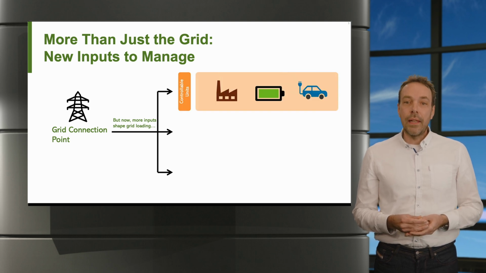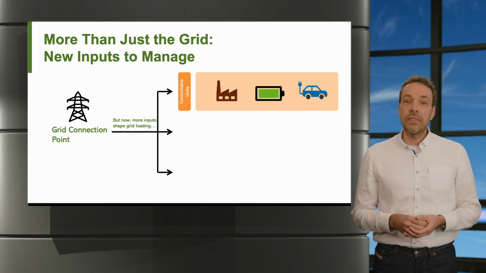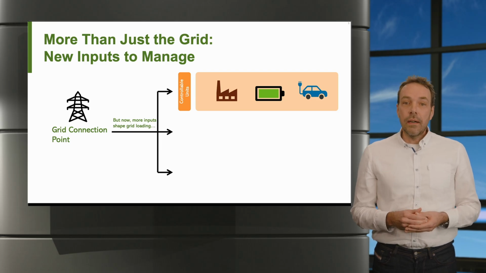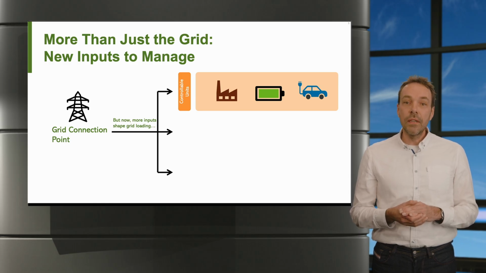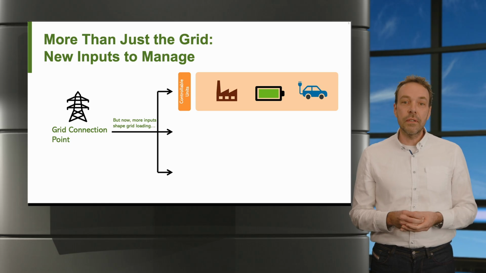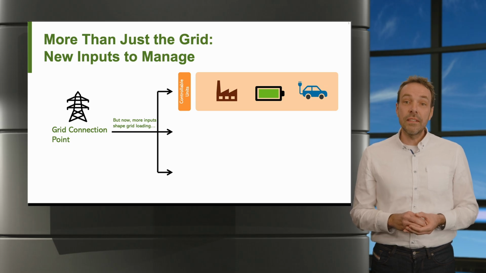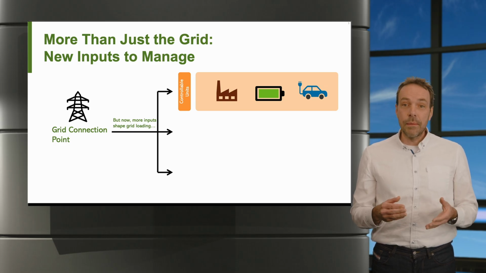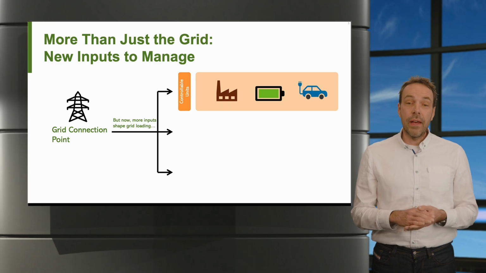In the technical layer, we now see controllable units behind those connection points. EVs are charging, heat pumps, batteries and more. They are not owned by the DSO, but they matter. They move the system from stochastic load to more deterministic behavior. Sometimes many devices are on at the same time or off at the same time.